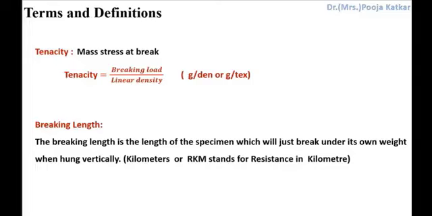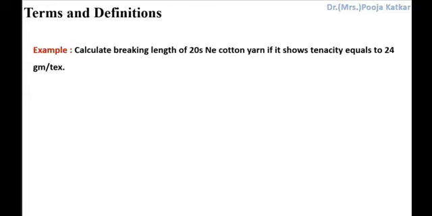RKM stands for resistance in kilometer. To understand concept of the breaking length, let us solve this example. Calculate breaking length of 20s NE cotton yarn if it shows tenacity equal to 24 gram per tex.